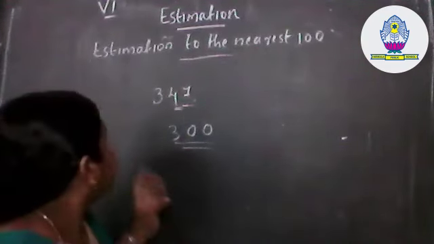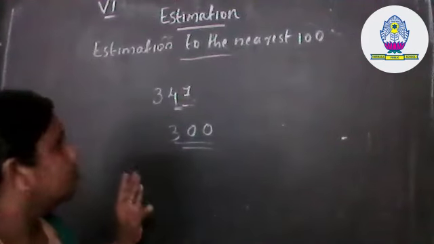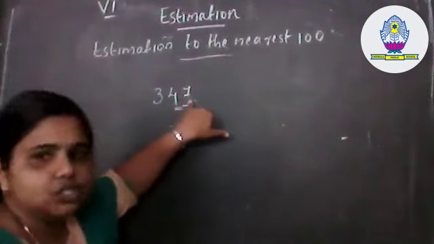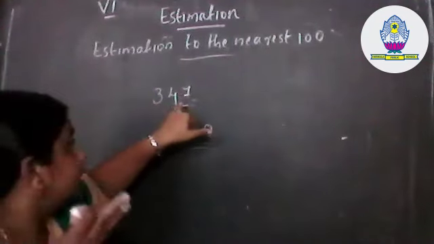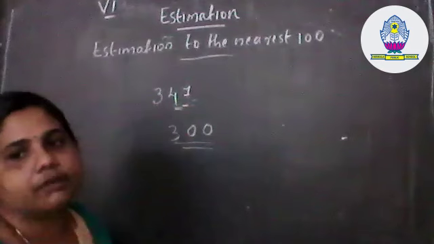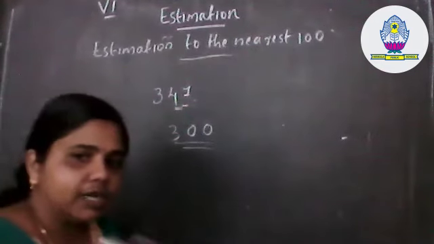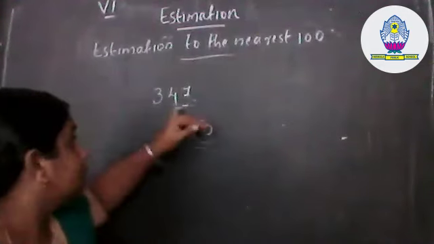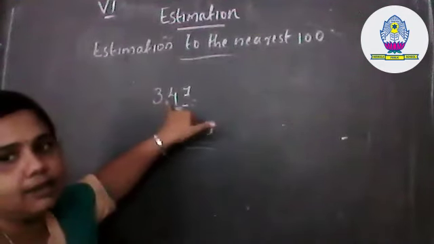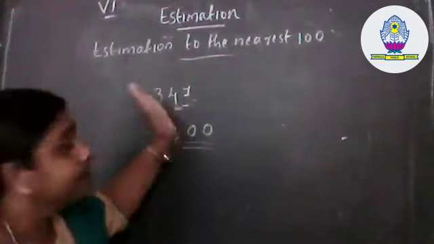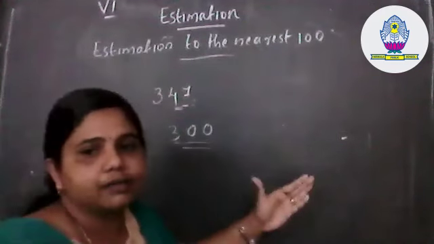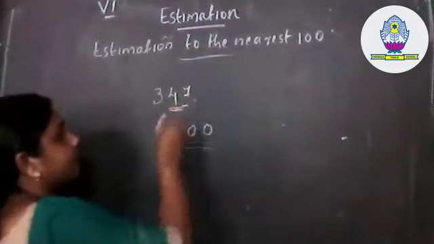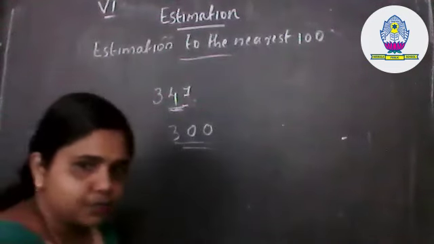How can we find the estimation to the nearest 100? Take the digit in the tens place. When converting to the nearest 10, we took the digit in the ones place, and then we rounded to a multiple of 10. But when converting to the nearest 100, always take the digit in the tens place.